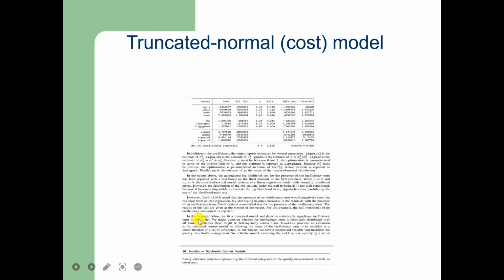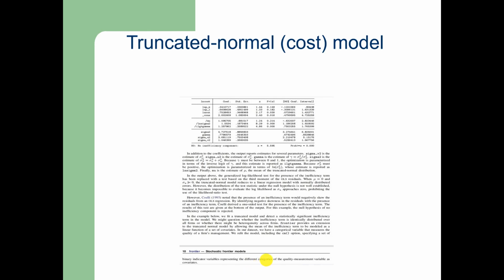In the below example, we fit a truncated model and detect a statistically significant inefficiency term in the model. We might question whether the inefficiency term is identically distributed over all firms, whether there might be heterogeneity across the firms. Frontier provides an extension to the truncated normal model by allowing the mean of the inefficiency term to be modeled as a linear function of a set of covariates.